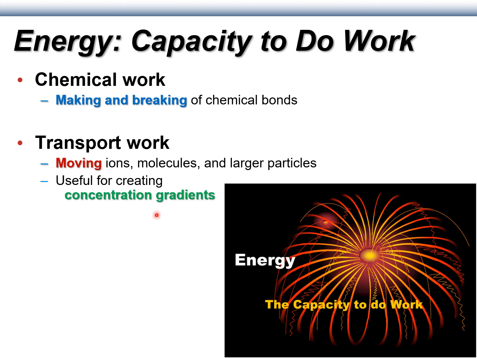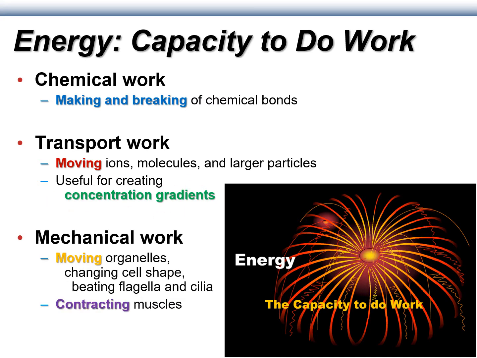Very useful transport work for creating concentration gradients. And here's an example of where we're converting energy. We're taking bulk motion, moving an ion, and that sets up a gradient for a different kind of motion. And then we have mechanical work. For instance, muscular contraction, moving organelles, changing cell shape, flagella, and so forth.